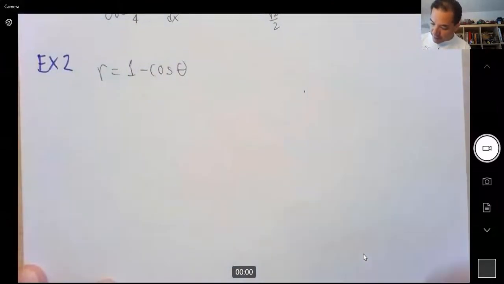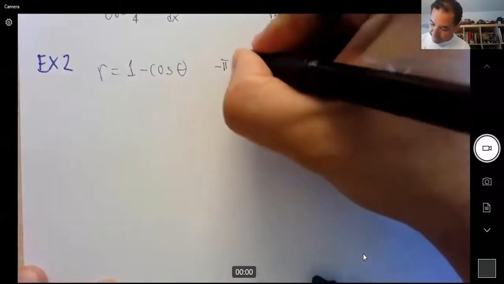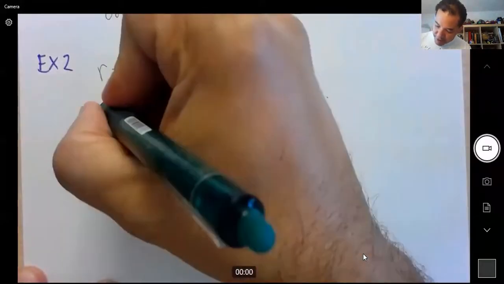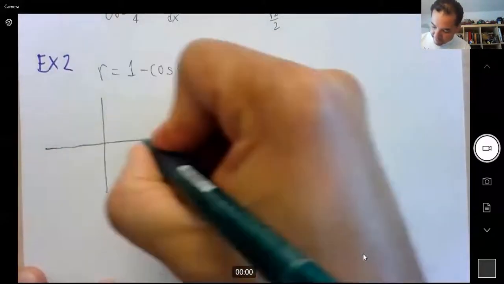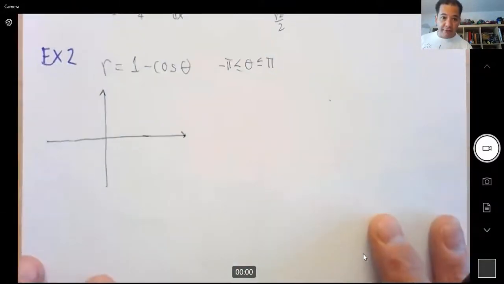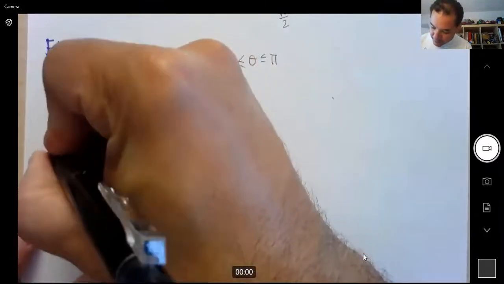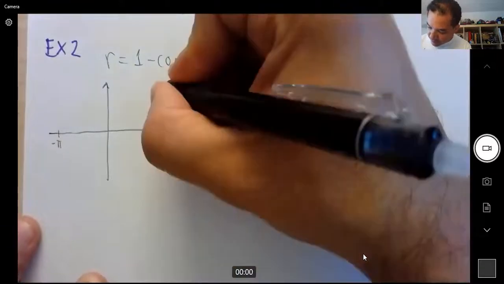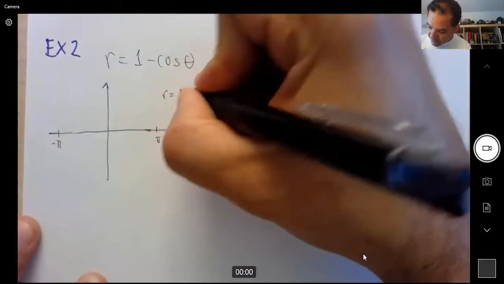That's the angles we want to work at. So like we said before, we start by looking at the regular rectangular graph from negative pi to pi. So right here, negative pi to pi, and this is going to be the graph of 1 minus cosine.